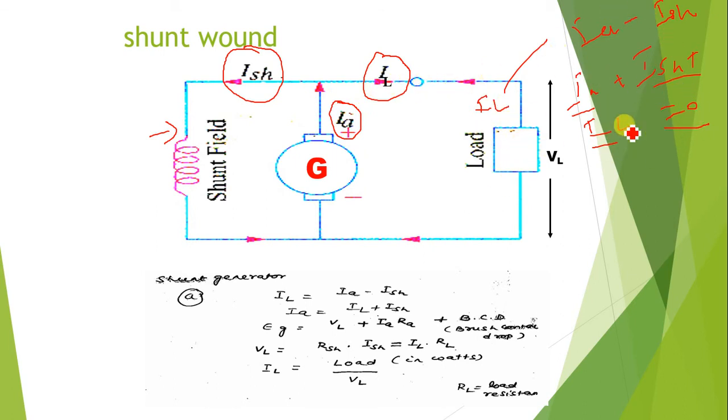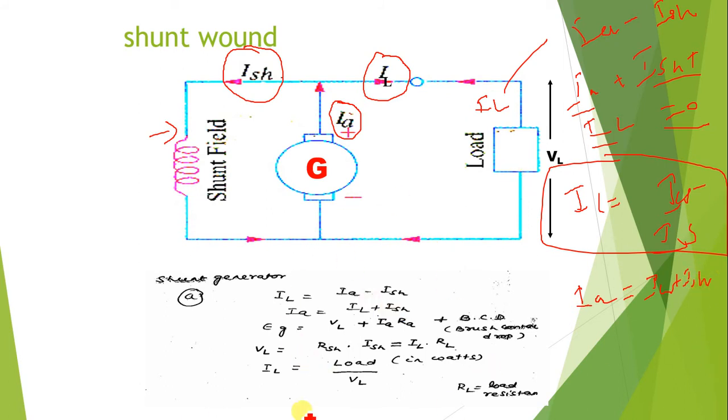From this equation we can derive IL is equal to Ia minus Ish. This is a very fundamental equation. Now the current passing through the armature is Ia, which is equivalent to IL plus Ish.